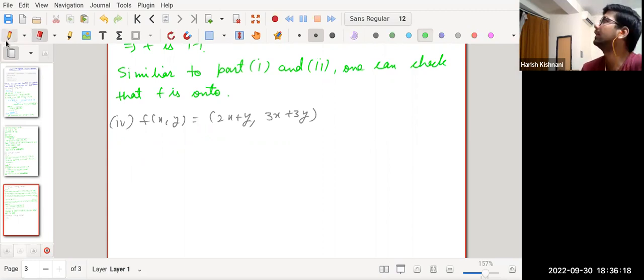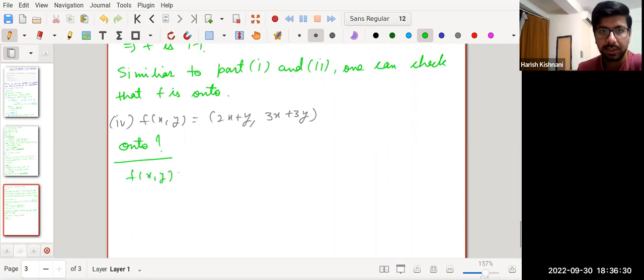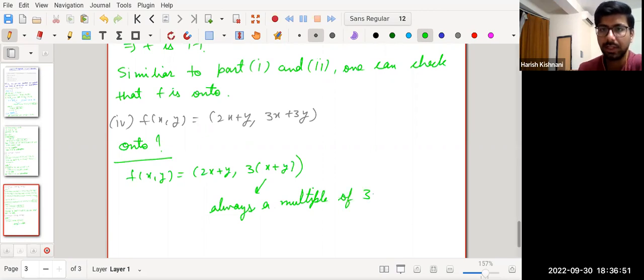I think for injectivity also there will be an issue, but at least it is not onto, that you can see, because clearly if you look at this, it is saying that it is (2x plus y, 3 times (x plus y)). So this second coordinate is always a multiple of 3, right?